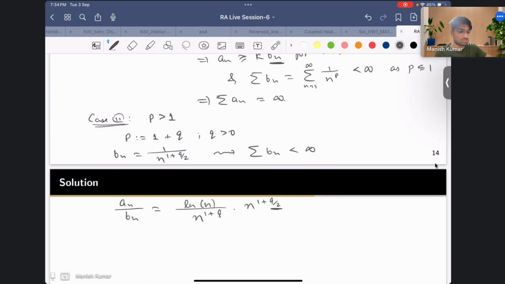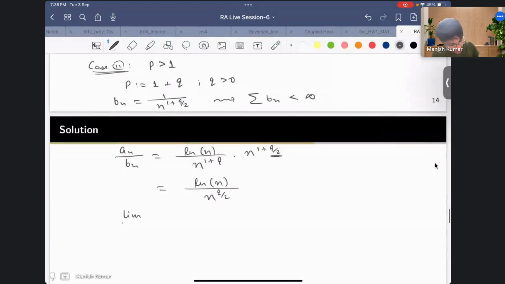You have to choose something which is less than q, because this power of n should be in the denominator, so that the growth of the logarithm does not dominate. So you see, this will be q by 2. This is the value of an upon bn. Now if you take the limit, what will be the value of the limit?